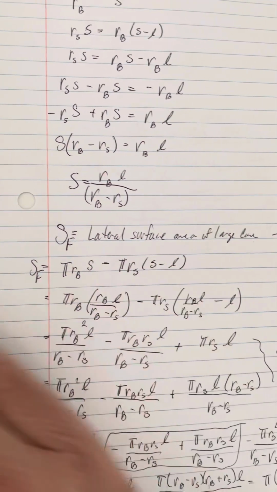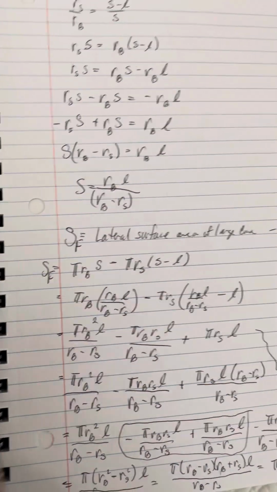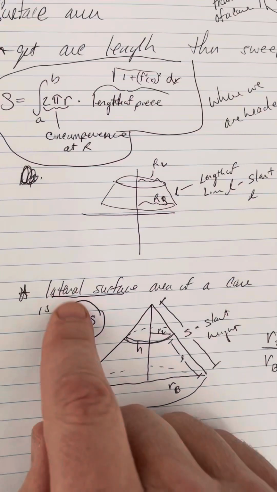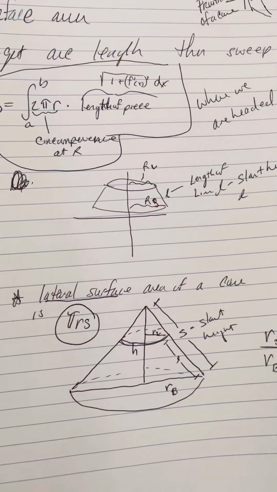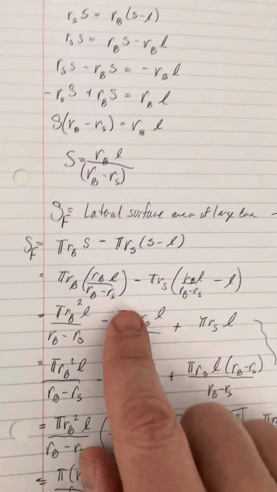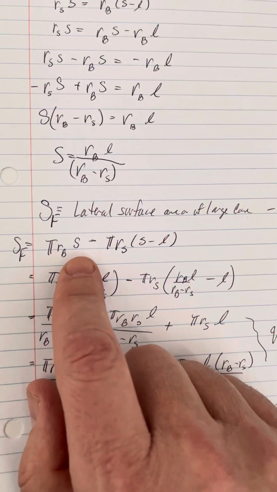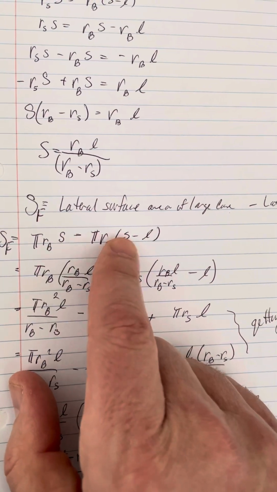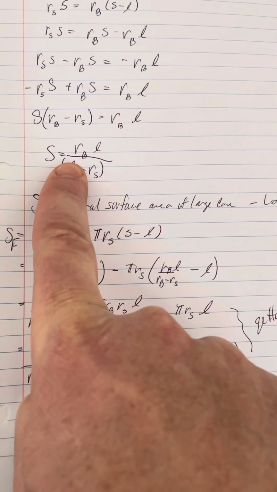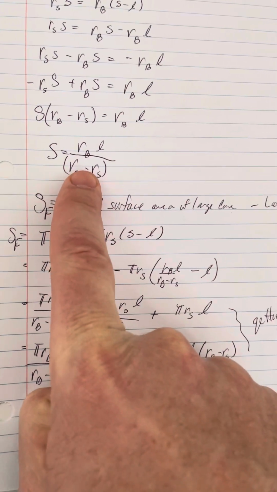Where is this coming from? Well, I'm going to go back for a second and remember that the surface area of a cone is this formula. I'm just trying to put variables in there so we can see what's going on. Now, this S is this S. This is our slant height.